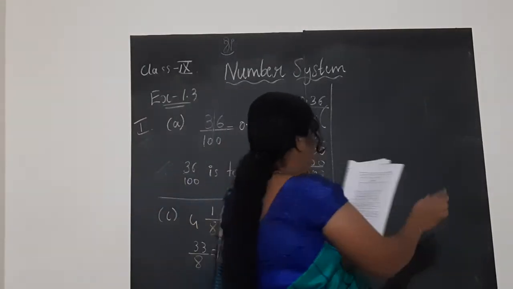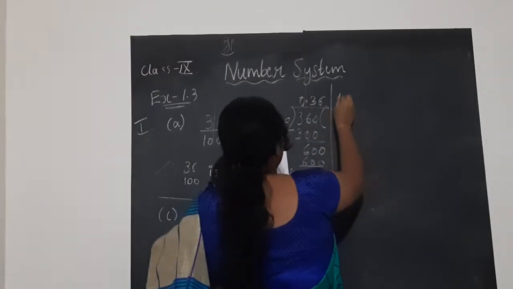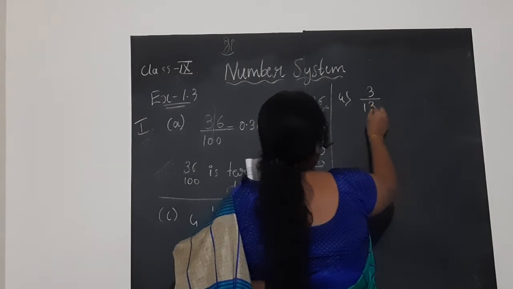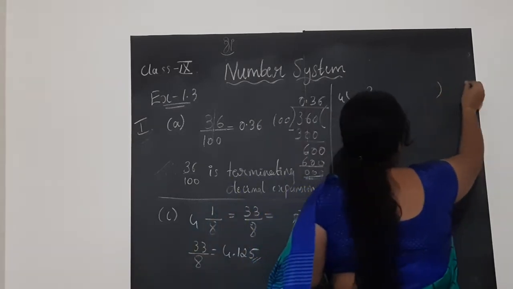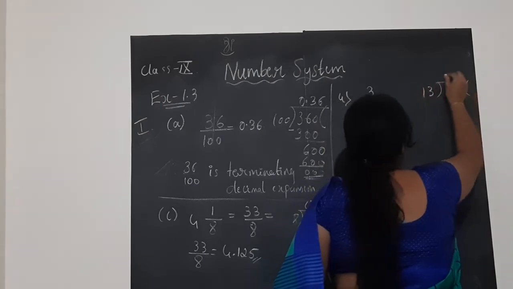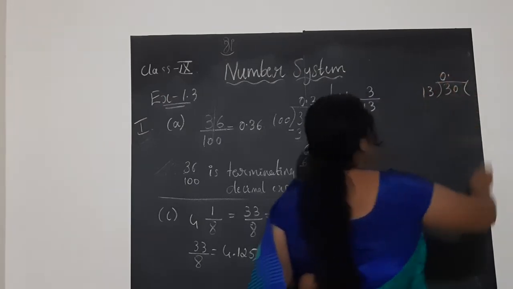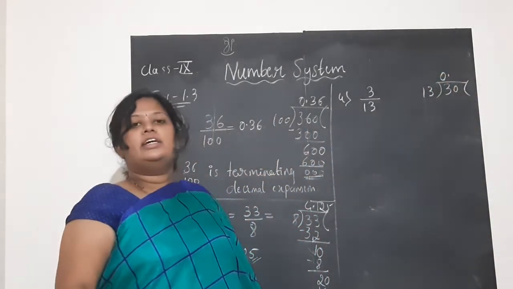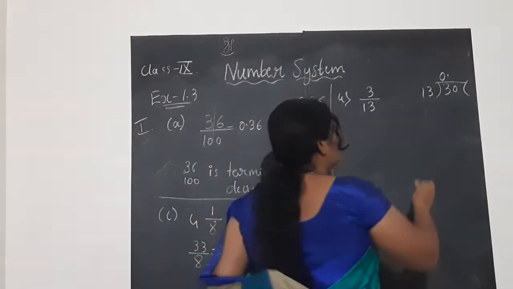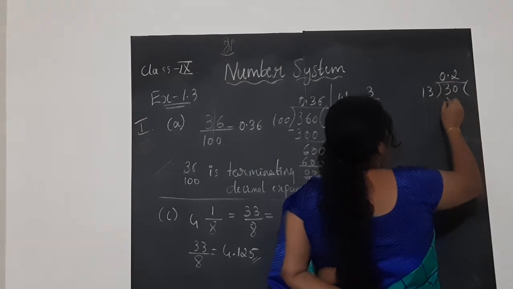Next we shall check the fourth problem, children, which is 3 divided by 13. Let us go with the actual division as usual. 3 divided by 13 is not possible, so let us take 0. 13 2s are 26 is what we go by. 13 3s is 39, which is more than 30. 13 2s are 26.